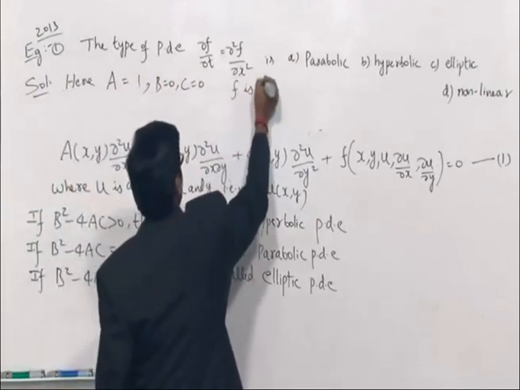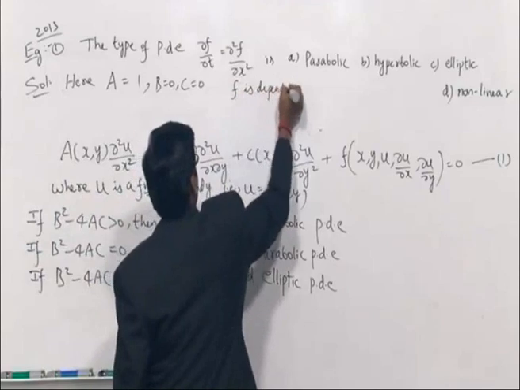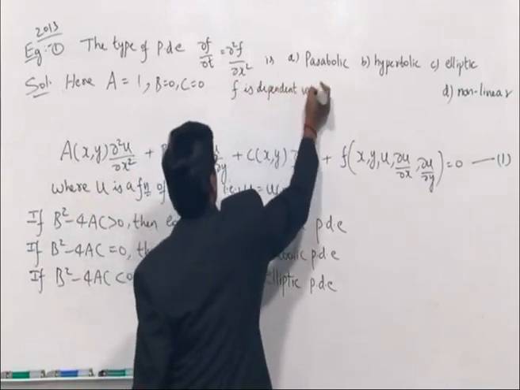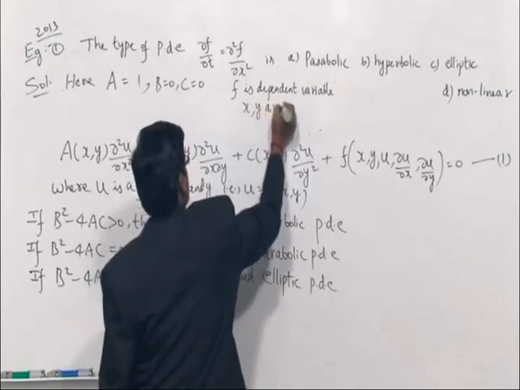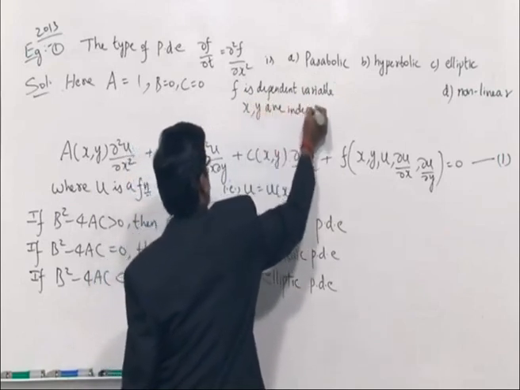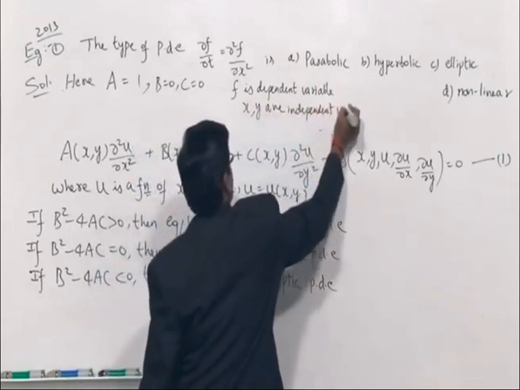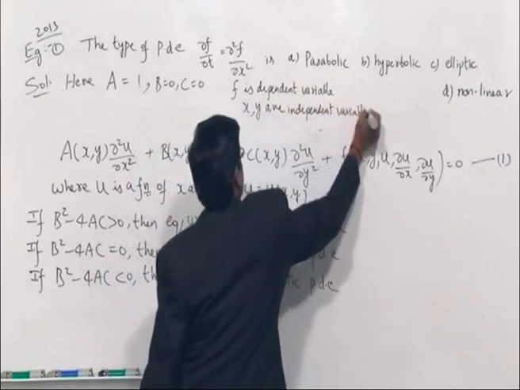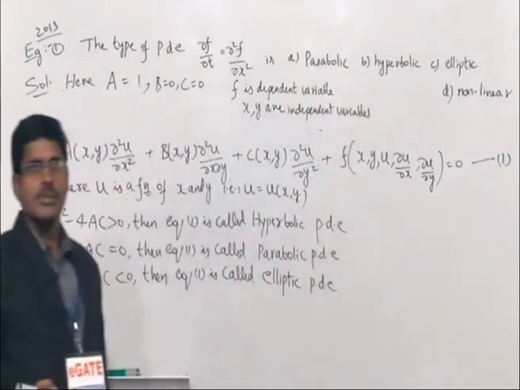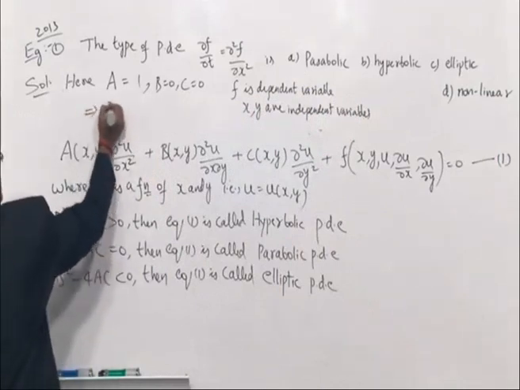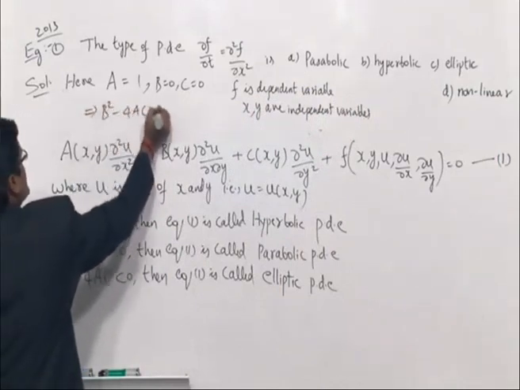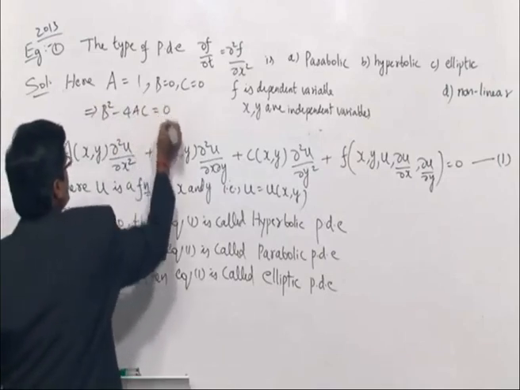f is the dependent variable, x comma y are independent variables, which implies b square minus 4ac is how much? 0.